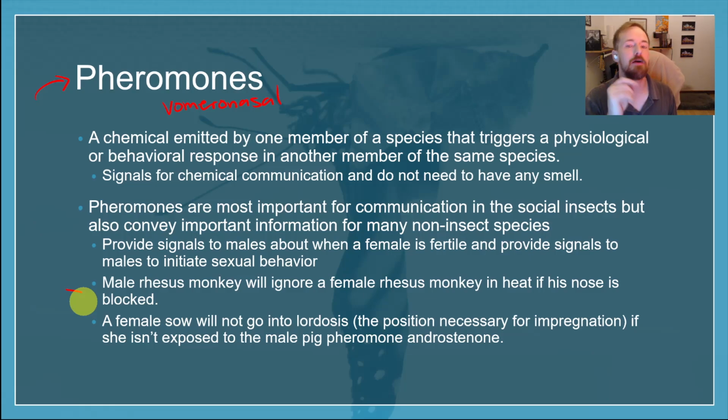But if you take a male ape and you block his nose, you put a pin over his nose, he'll ignore that female in heat, which tells us that it's not anything visual or hearing that has to do with this reproductive pattern. It has to do with the smell. Same thing basically for female pigs as well.